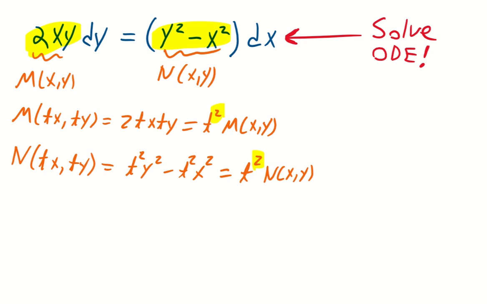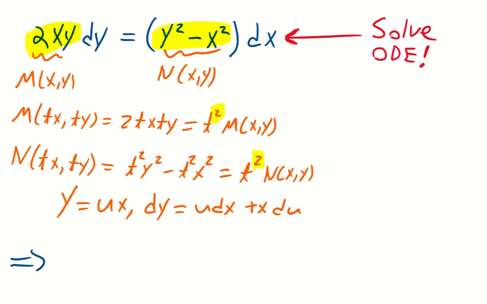This implies that we should do a substitution. We'll stipulate that y is equal to u times x, and then if we take the derivative of that, by the product rule, we would derive dy is equal to u dx plus x du. So let's make our substitution. And so we have 2x, and y is just u times x.